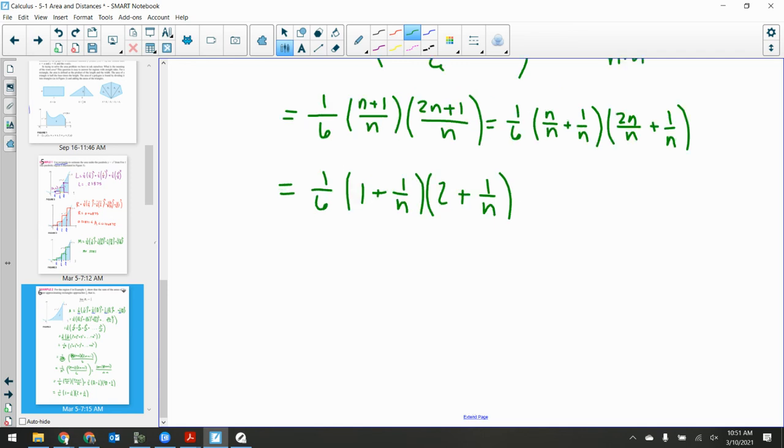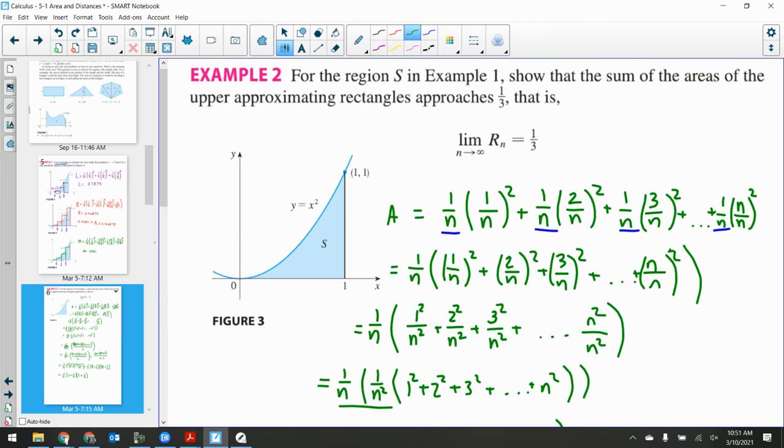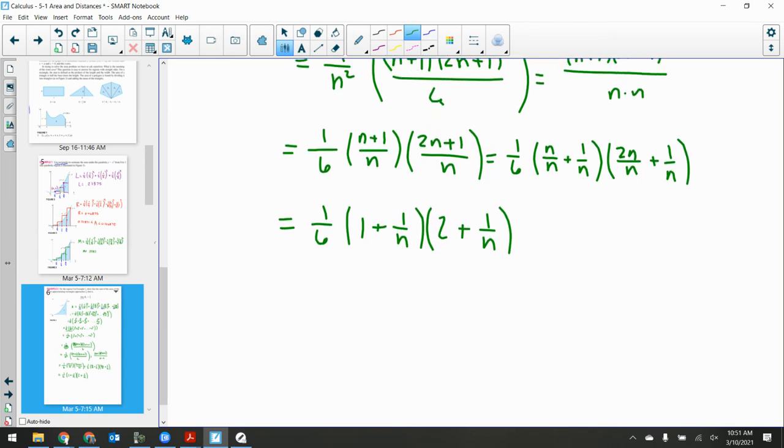All right, so let's finish this off here. N was going up to infinity, right? This is the limit as n goes up to infinity. What's going to happen if n goes to infinity here and here?